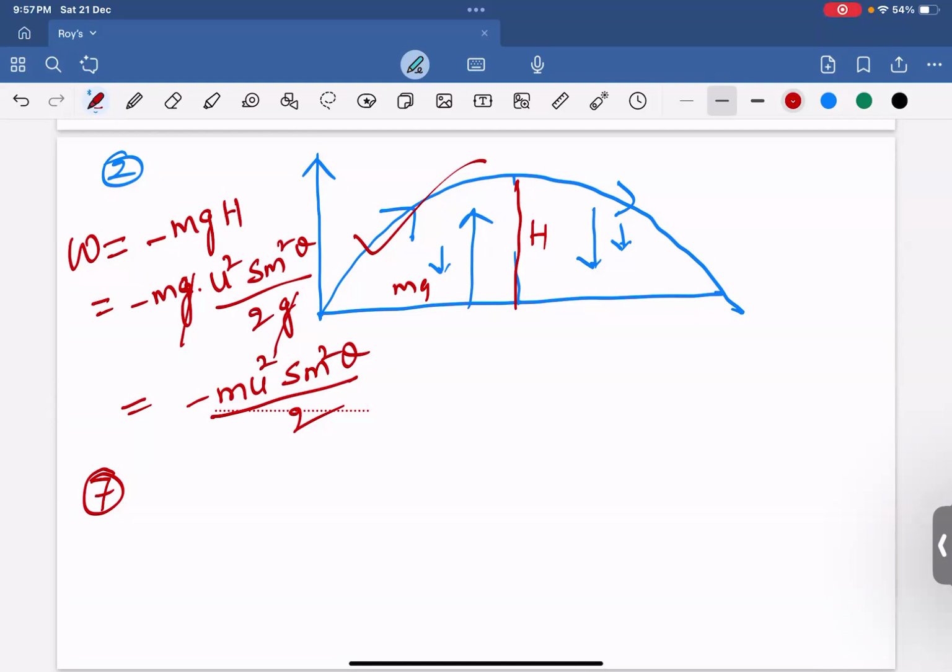When the man speeds up by 1 meter per second, then his kinetic energy becomes equal to the kinetic energy of the boy. What is the original speed of the man? It is given that the man is of mass m, let's suppose. His speed is also not given. Let's suppose I'll write the speed as v.